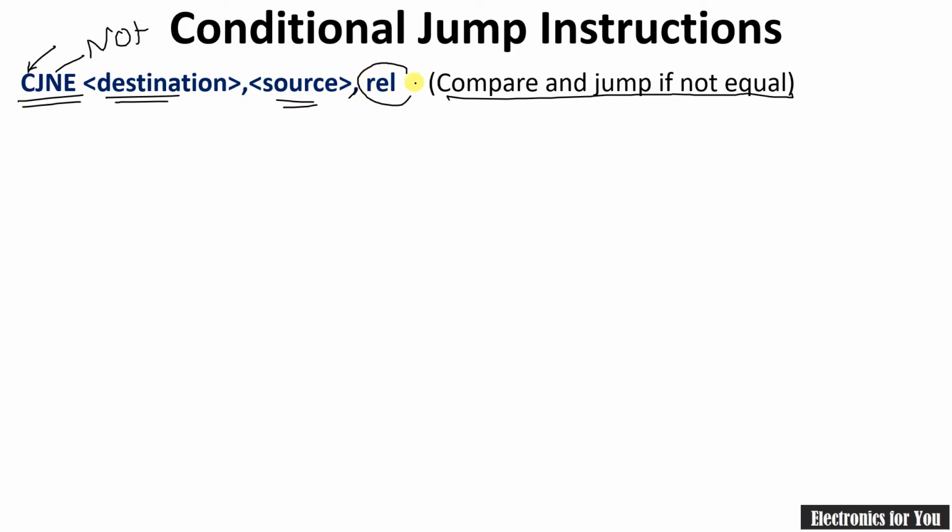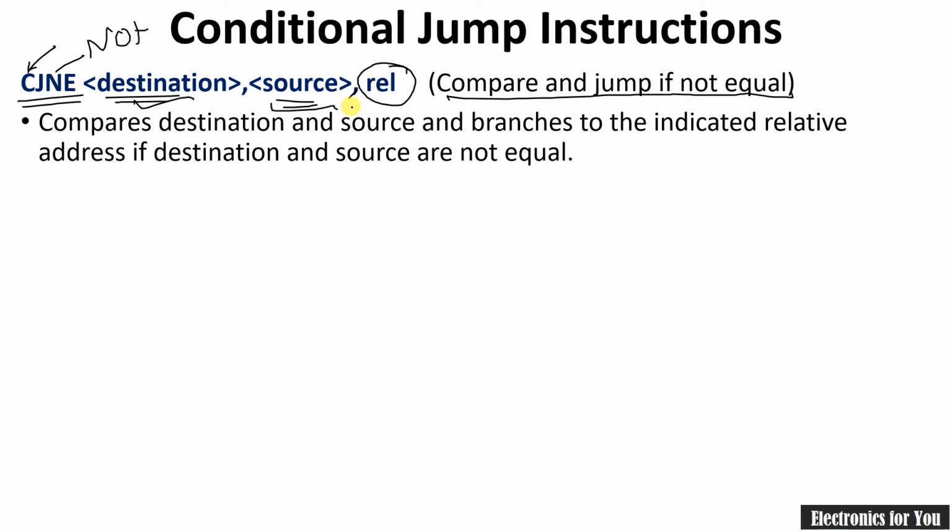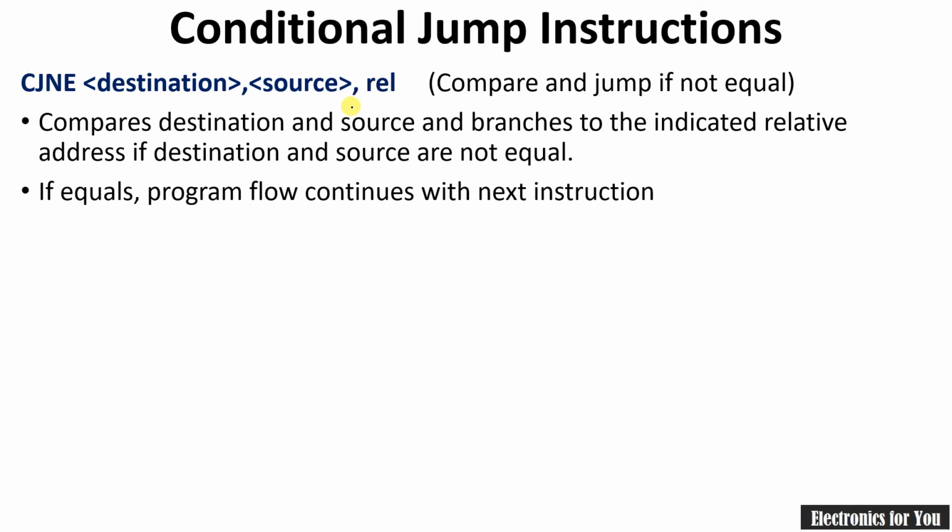Mostly for conditional jumps a relative address is used, and therefore REL is written here. It compares the destination and source, and if these two are not equal, it will jump to the particular location, otherwise if they are equal, program flow continues with the next instruction.